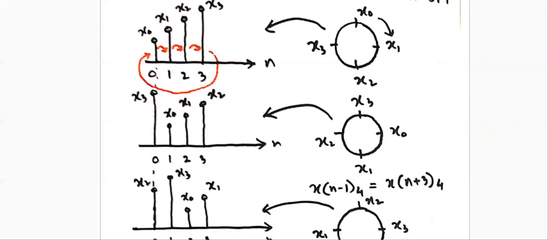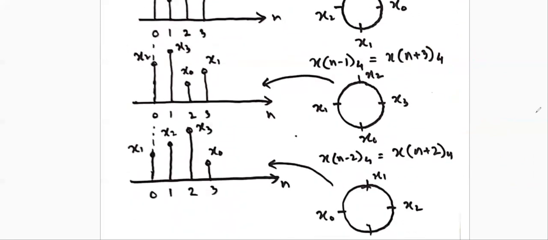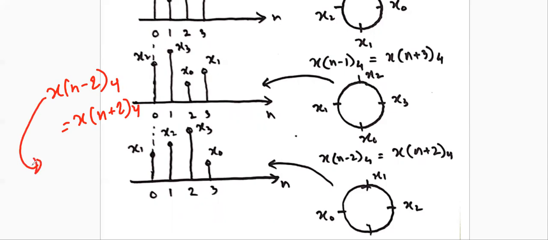Okay. For the second example, arbitrarily we can take x(n minus 2). What is the equivalent equation? The equivalent equation should be x(n plus 2) with N equals 4. If I only consider this, how can we find that?